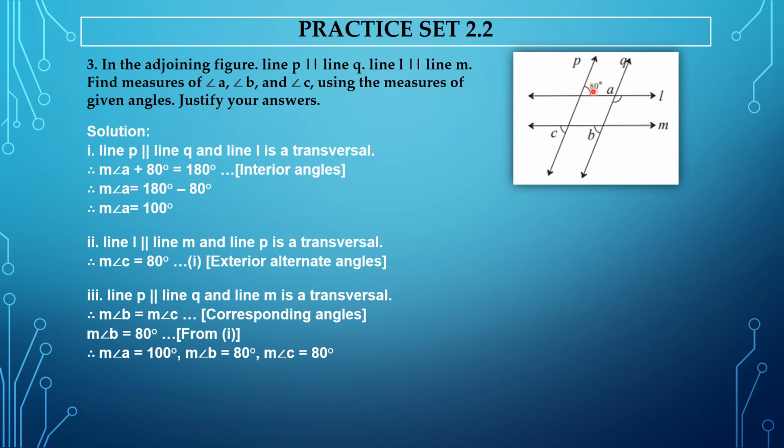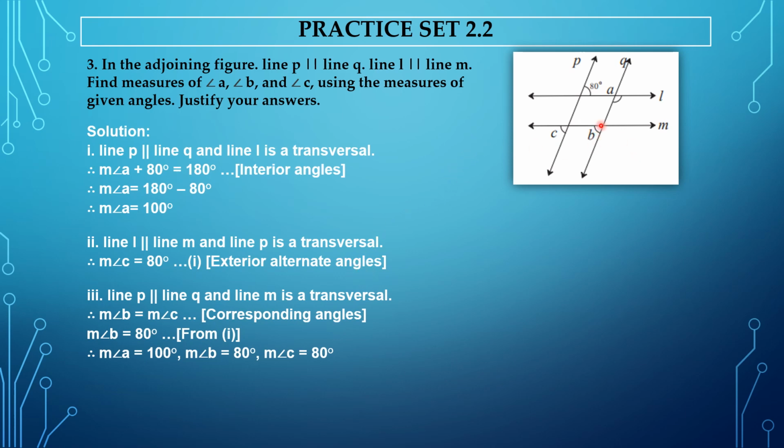So when you see this 80 and this C, it is an exterior alternate angle. They form exterior alternate angles. When these are parallel, with this transversal, this is an exterior alternate angle. So obviously angle C is equal to 80 degrees. You have to mention the reason also, exterior alternate angles. So the measurement of angle C is 80 degrees.